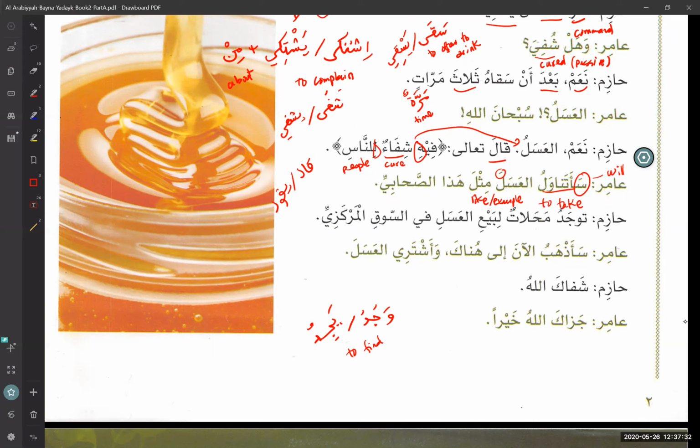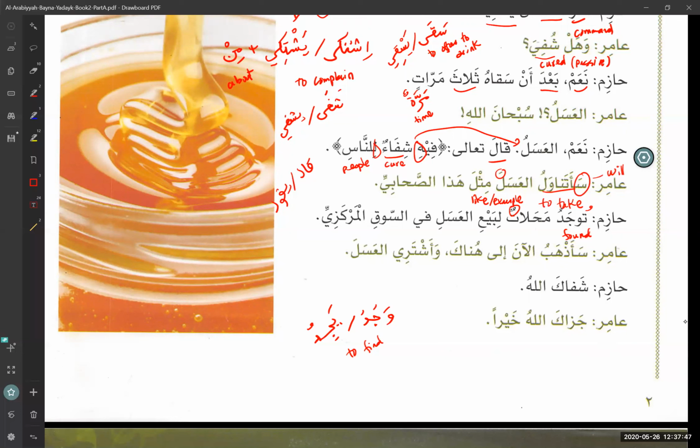So يوجد is the same thing as a passive, so it's found. Muhallat is stores or shops.